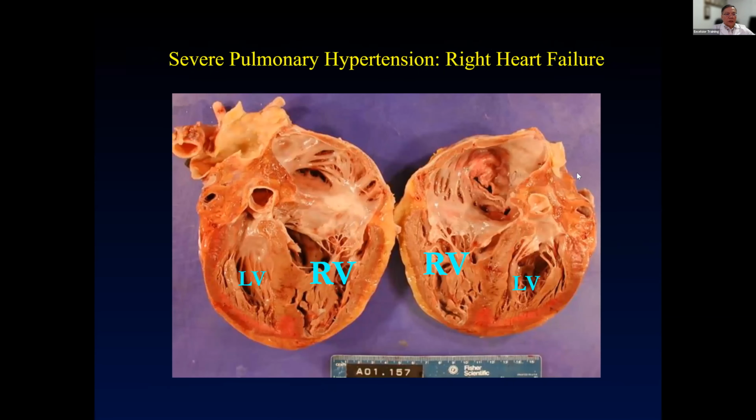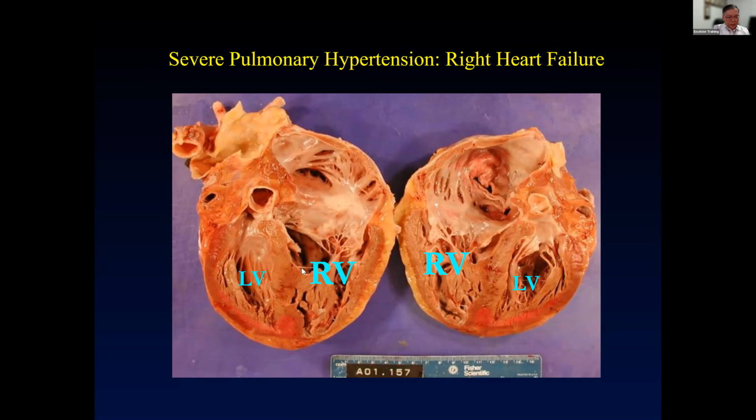This is an autopsy of a patient of mine many years ago who died of pulmonary hypertension. If you look at the heart without the label, you would probably guess the big one is the left ventricle and the small one is the right ventricle. But actually, this is opposite.